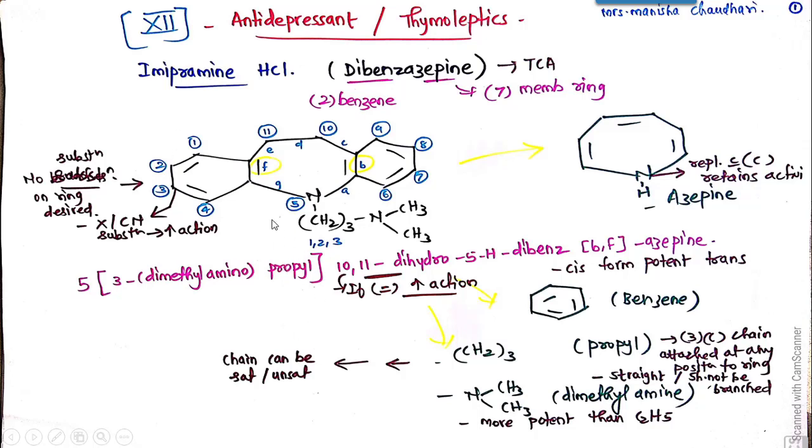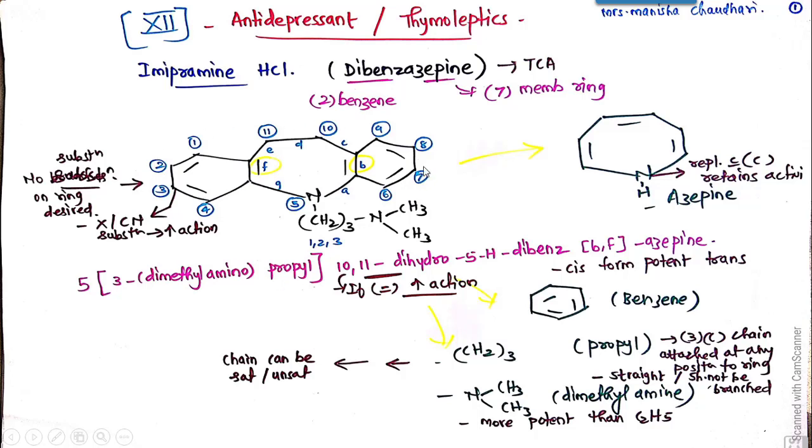As you can see here, this is a 3 carbon chain, CH2, CH2, CH2, pra, that is propyl, and amine. So this is dimethyl amine. This is the substituent present on the nitrogen of the azepine ring of imipramine, that is the dibenzazepine ring.